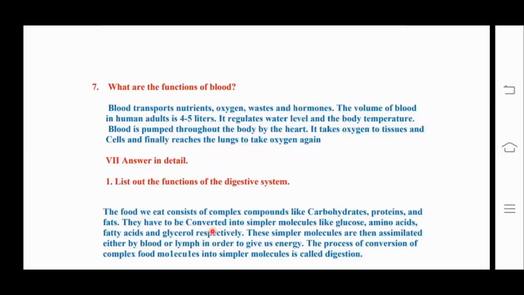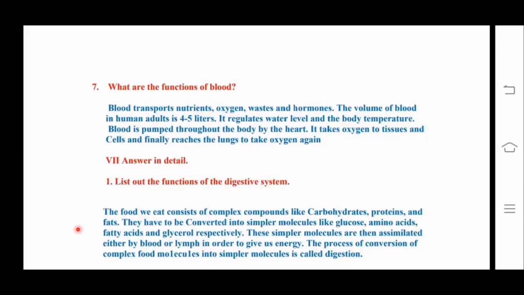They have to be converted into simpler molecules like glucose, amino acids, fatty acids, and glycerol. The simpler molecules are then absorbed by the blood or liver in order to give us energy. The process of conversion of complex food molecules into simpler molecules is called digestion.